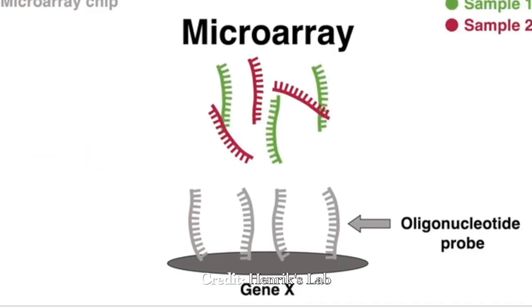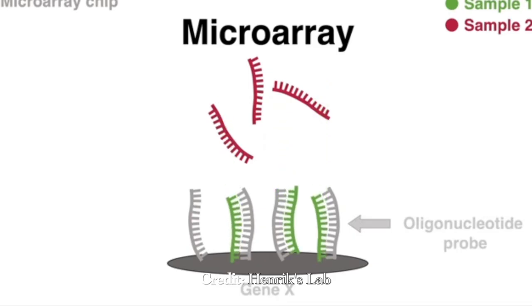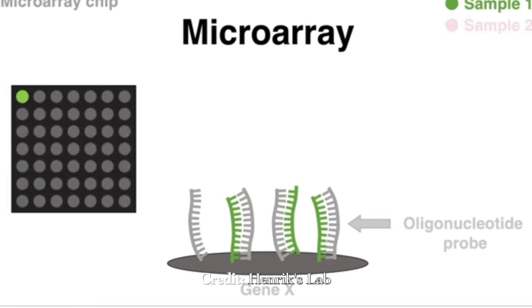And then the idea of hybridization comes into it again, because now what you do is hybridize the cDNA to a chip that has predetermined genes or probes in it already, but in this case you can have hundreds to thousands of genes embedded on the chip, so that when your sample is added to it, it can hybridize to multiple genes instead of just the one in northern blot or just a handful in your qPCR.